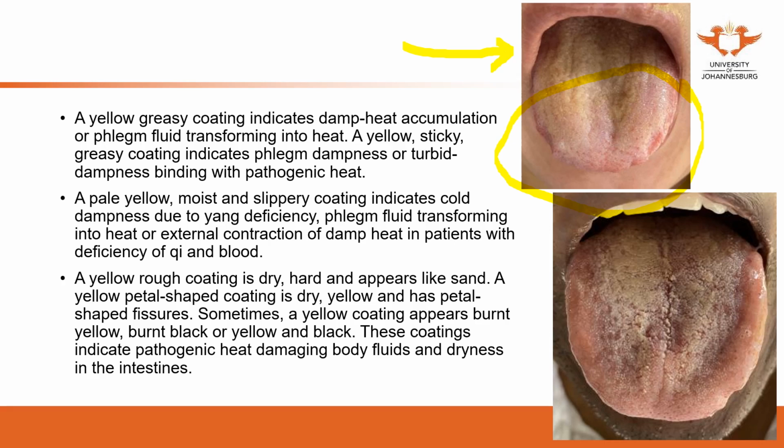Then the patient may present temporarily with a yellow coating. So in this kind of case, we need to be careful that if we use herbal medicine or acupuncture to relieve the heat, we need to be careful to not over-treat. And also from this image, we can see teeth marks. Right? So for the descriptions, you will go through by yourself.